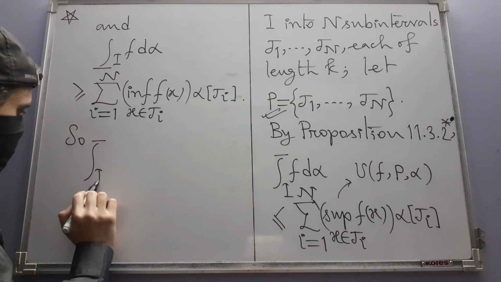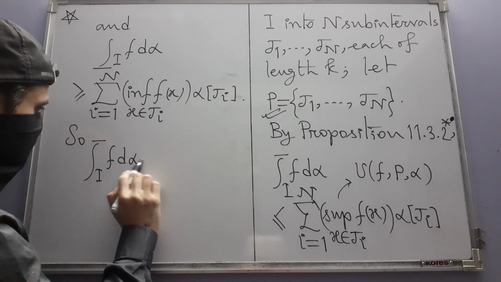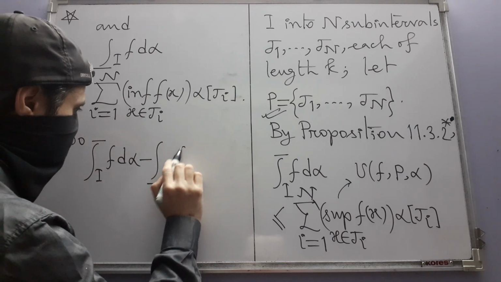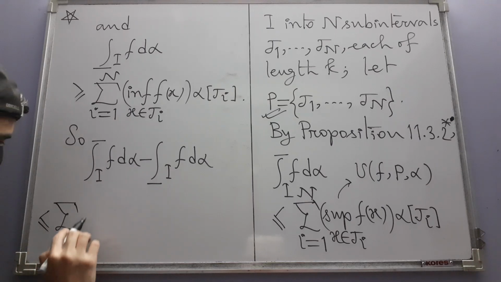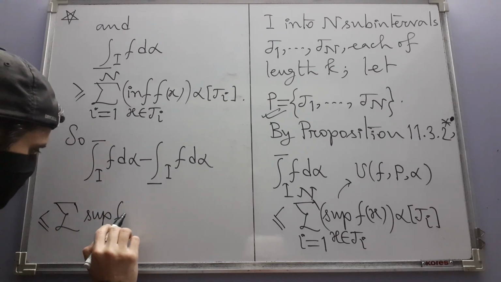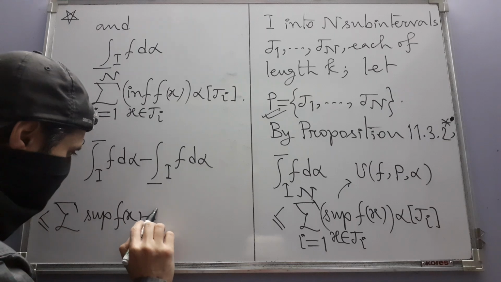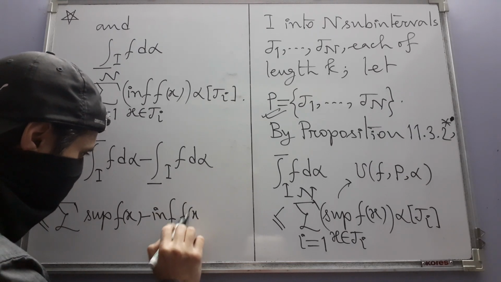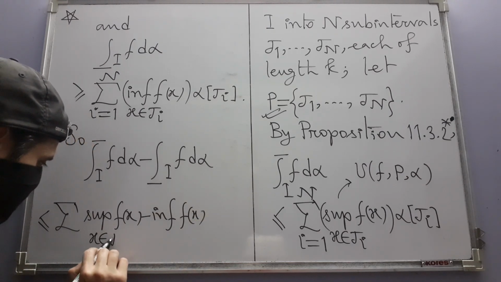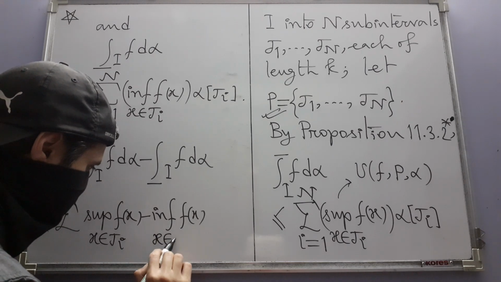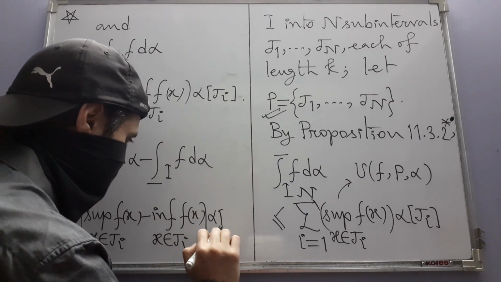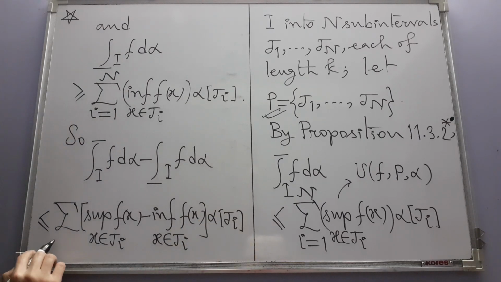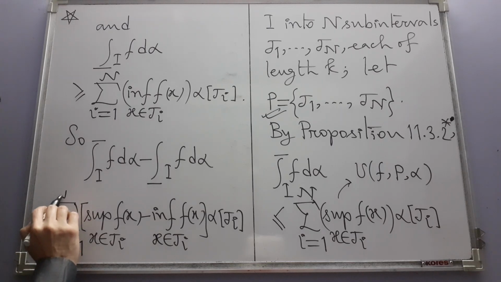So the upper integral minus the lower integral will be less than or equal to the summation of supremum minus infimum, x varies over J_i, times the alpha length of J_i, as i varies from 1 to n.